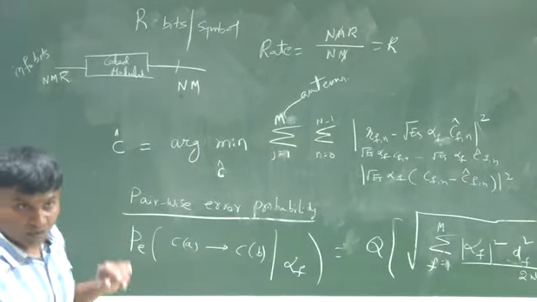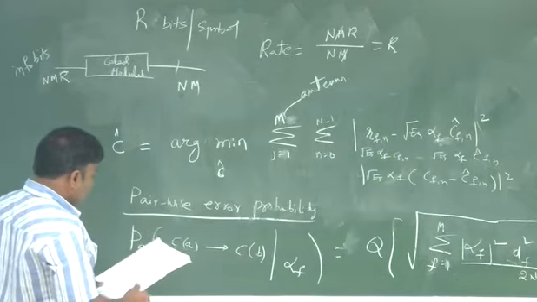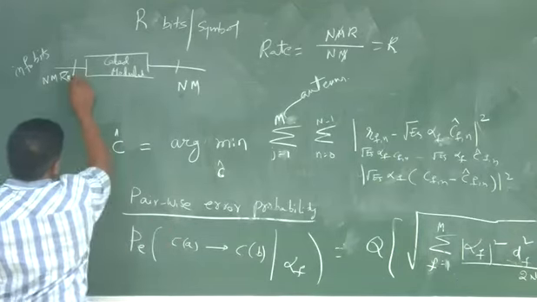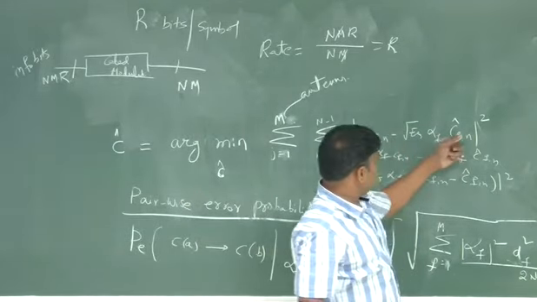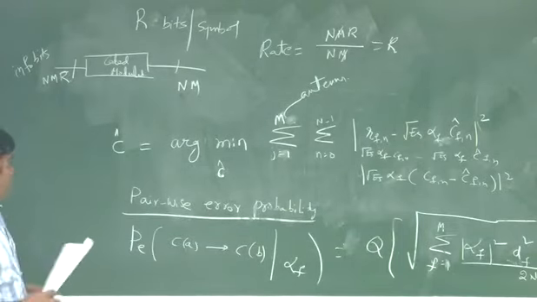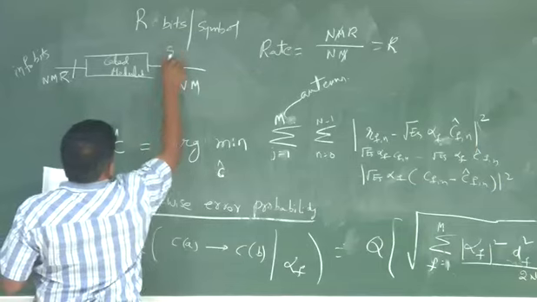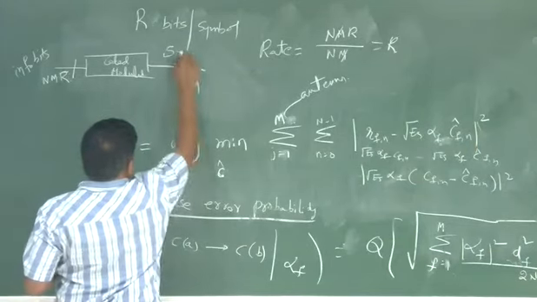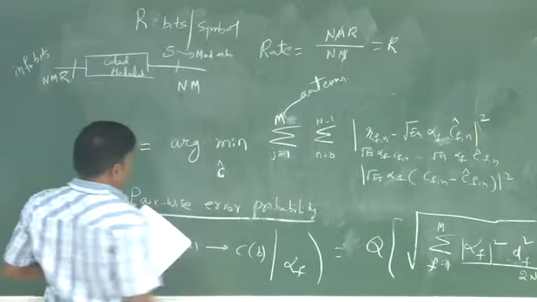I can have any modulation order also. Okay, and what is the modulation size I am considering? The modulation size is the cardinality of the constellation, and let's call it S. S is the modulation order.